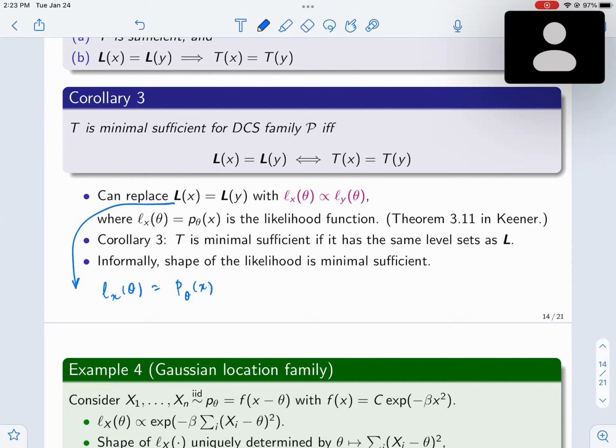So this is the likelihood, and the likelihood ratios being equal for observations X and Y is equivalent to saying that L sub X of theta is proportional to L sub Y of theta, where proportional means as a function of theta.